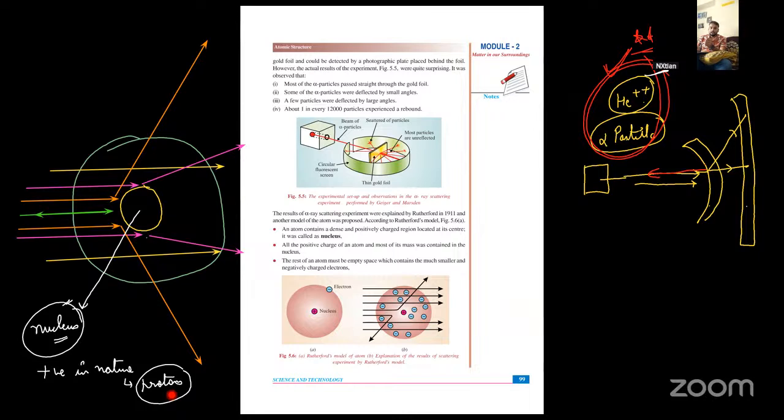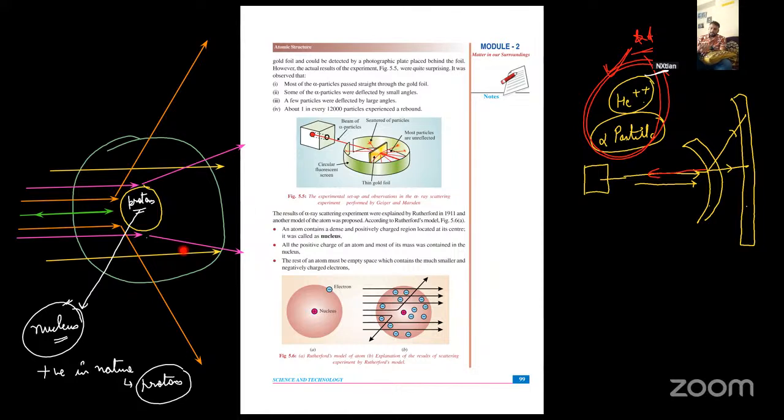So it means that the center nucleus basically consists of positive charge called protons. That's why the deviation is occurring. And the rest of the atom other than the nucleus is basically empty space or has negligible mass.